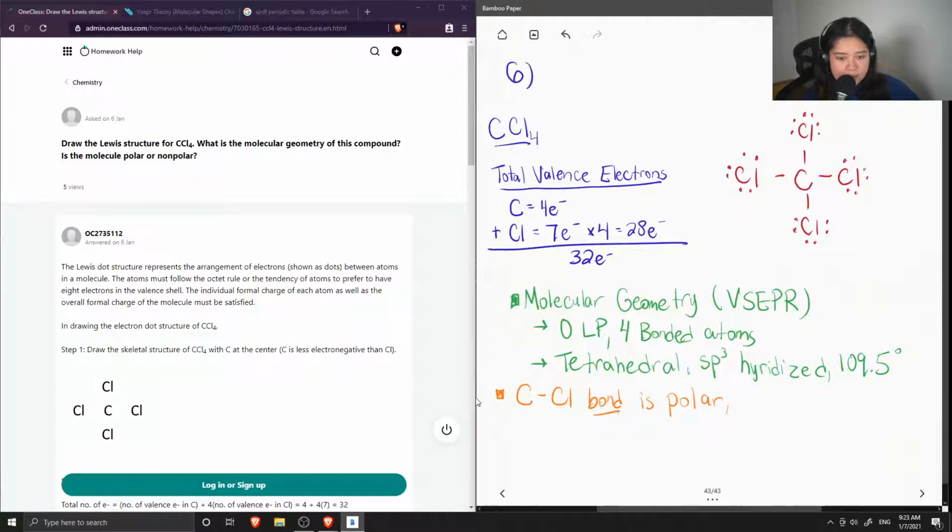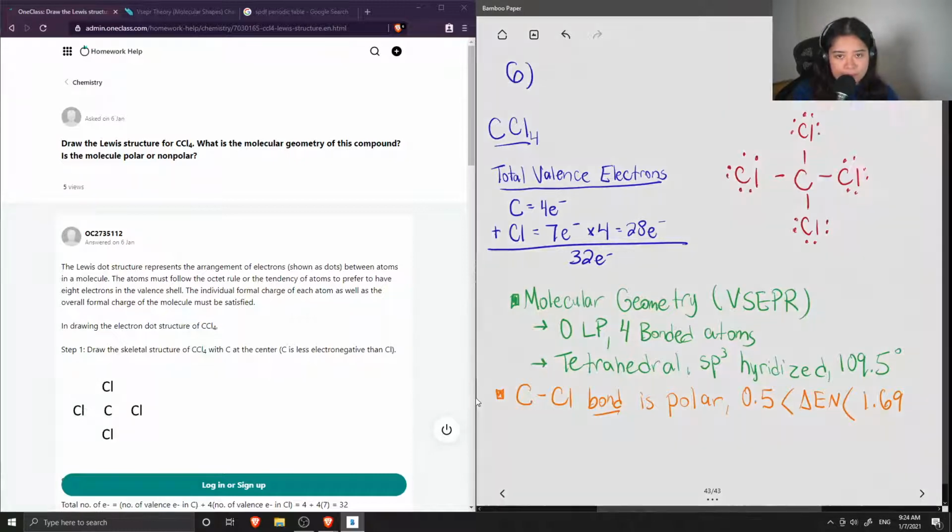Because its electronegativity difference is greater than 0.5, but it's less than 1.69. I think I drew these the wrong way. So it's greater than 0.5 and less than 1.69.